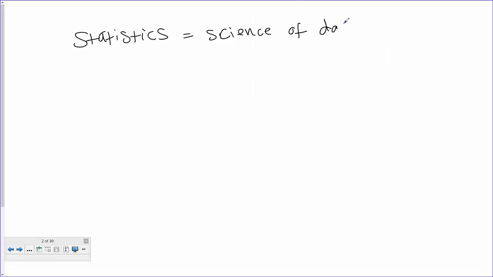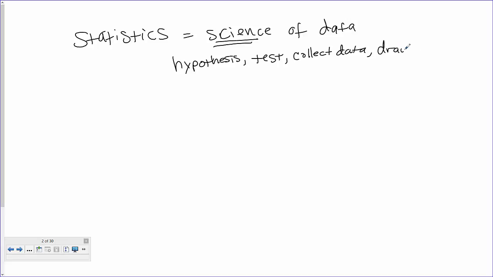Typically, when we talk about science, we talk a lot about the scientific method, where you have some sort of hypothesis. You're going to test or experiment. You're going to collect the data, and then you are going to draw your conclusions from it. And that's really what we do with statistics.